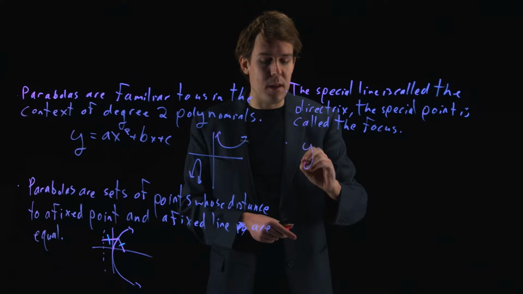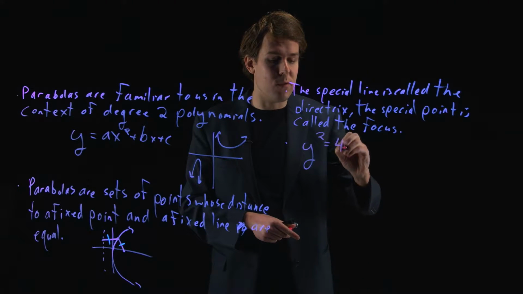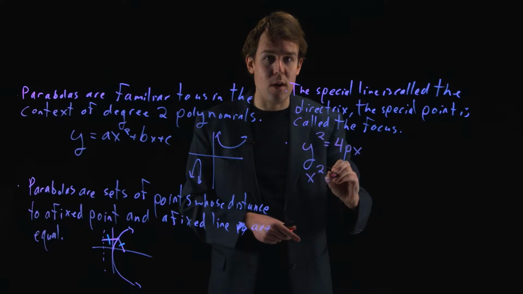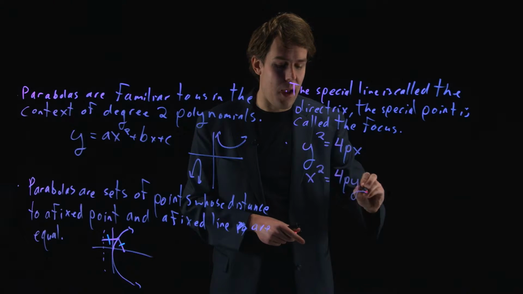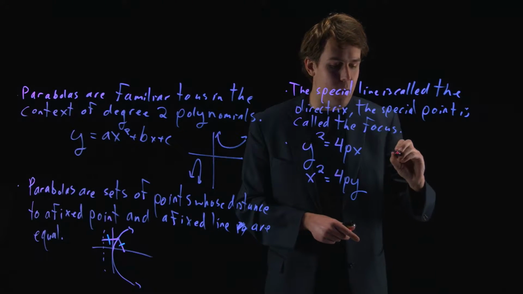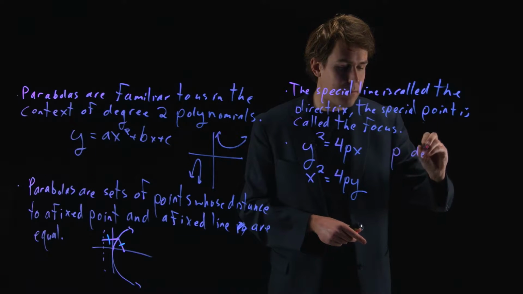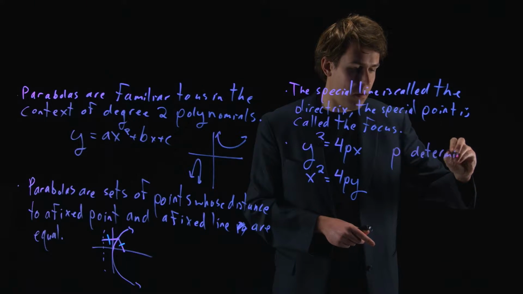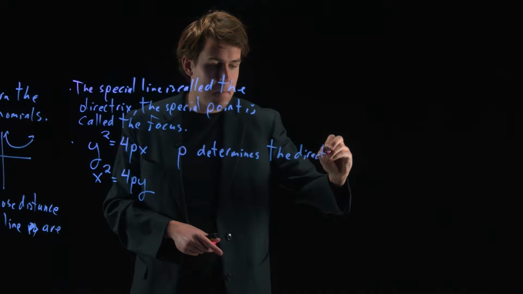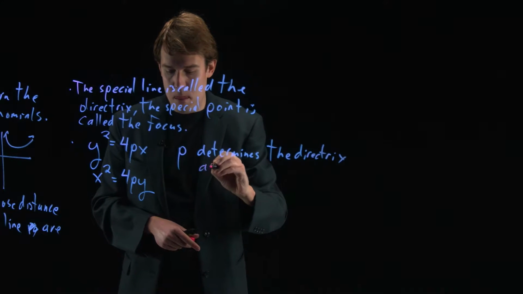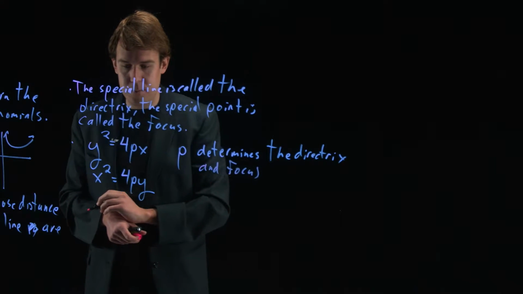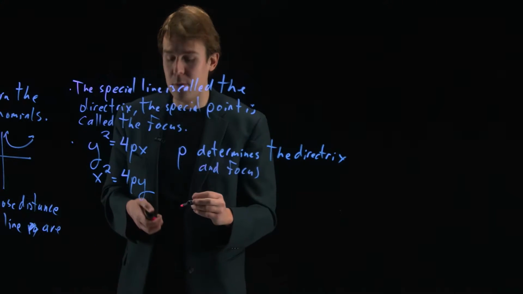Well, our formula will be something like y squared equals 4p times x, or x squared equals 4p times y, where this number p determines the directrix and focus. So let's look at an example to see how this works.